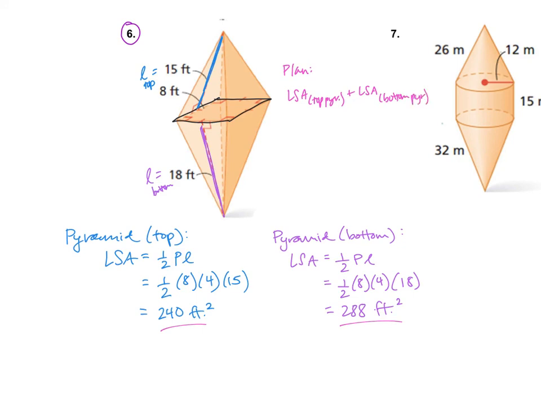And I'm abbreviating just for short. So we're taking 240 and we're adding it to 288. You can put that in your calculator if you want, or you can do it in your head. It should be 528, and it's going to be feet squared. And that's going to be our exact number. There's no approximate that we need. An approximate answer is only really needed if we're working with pi, which is going to be working with circle shapes or cylinders of some sort.